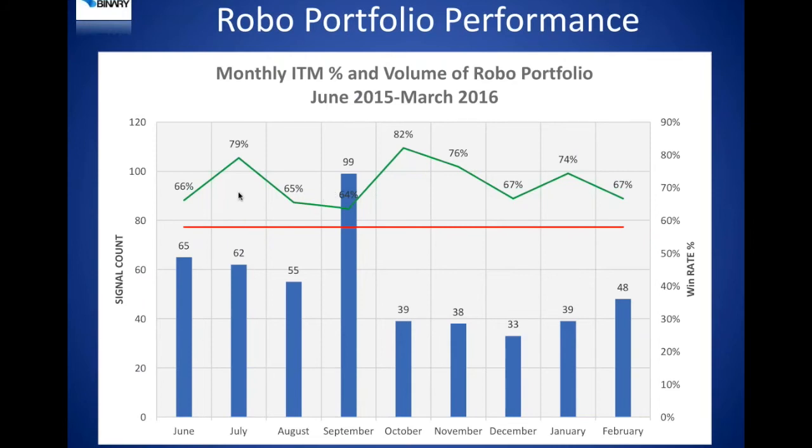theoretical or hypothetical results. To your left on the y-axis, you have the signal count per month, okay, starting from 0 all the way to 120. To your right, you have the win rate, which is just the ITM. On the x-axis, you have the month. This is June 2015.